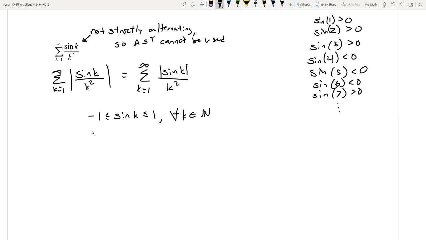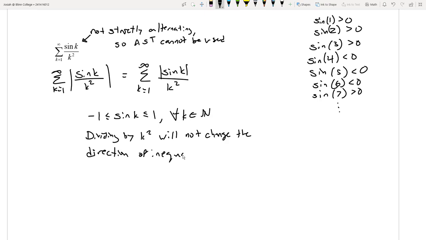So dividing by k squared will not change the direction of the inequality, because k squared is positive for all natural numbers k.